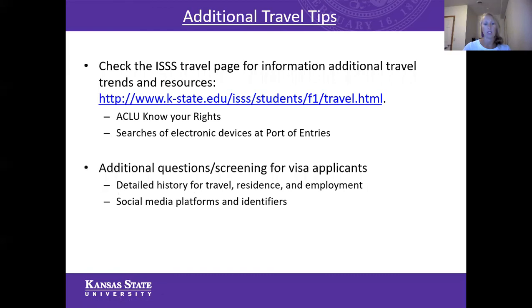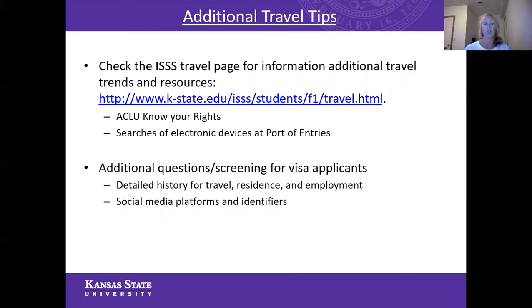A couple additional tips. Check out our travel page anytime you plan to travel. We put information there. There are some links to the ACLU Know Your Rights, and also something about searching electronic devices at ports of entry. So these are two documents that you may want to read through as you make those plans, to know about your rights legally, what they might look for, what they can look for, what they might ask for.